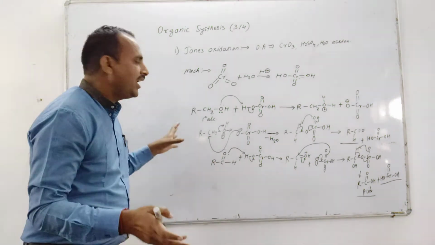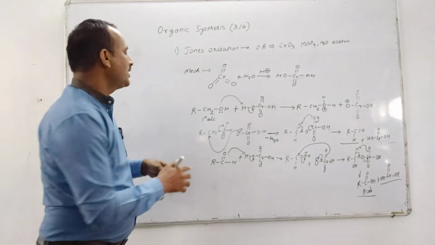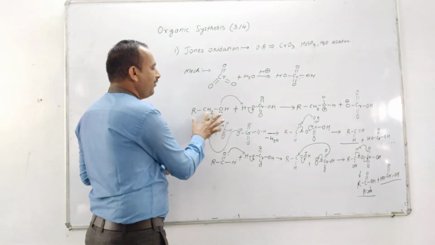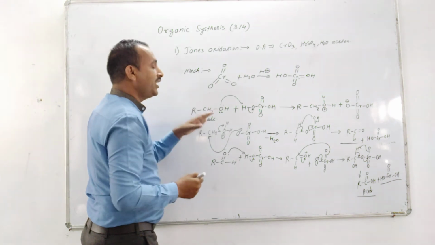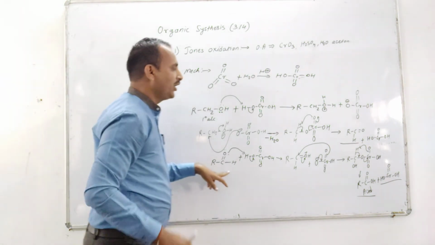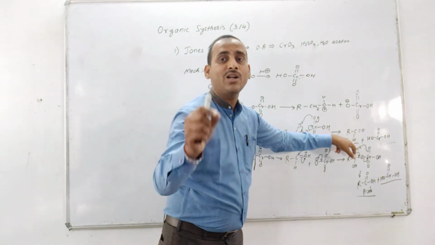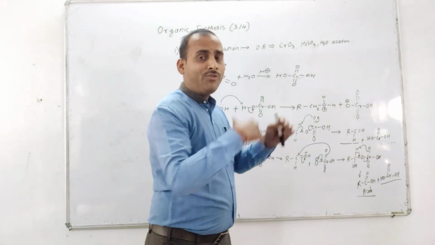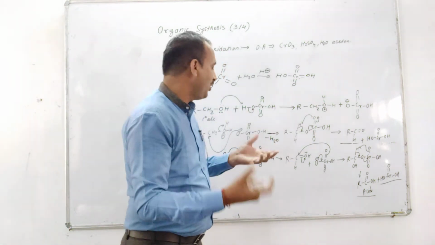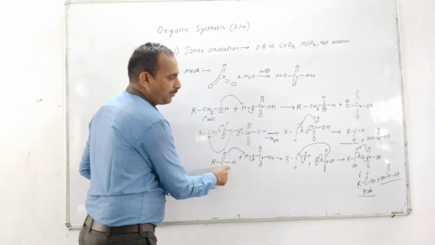Similarly, we can write the mechanism for the formation of ketone. Simply here, instead of one H, take one R group. It becomes a secondary alcohol, and instead of H there is an R group, and there is formation of ketone. Further, ketone does not oxidize because there is no hydrogen on the carbonyl carbon.